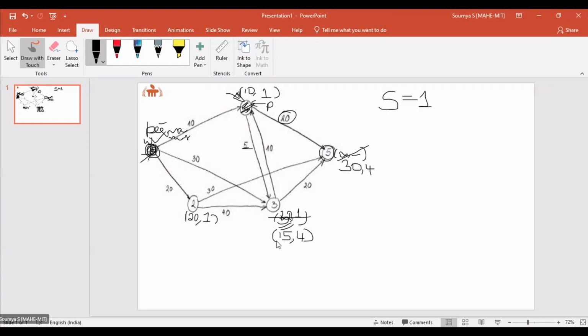You check which one has got the least cost among these 3. The cost of 2 is 20, the cost of 3 is 15 and the cost of 5 is 30. Which one is the least among these 3? It is 3. Correct? So I make 3 the working node.